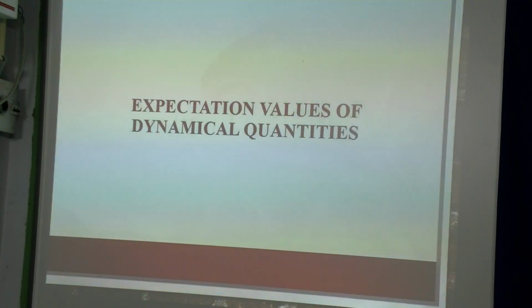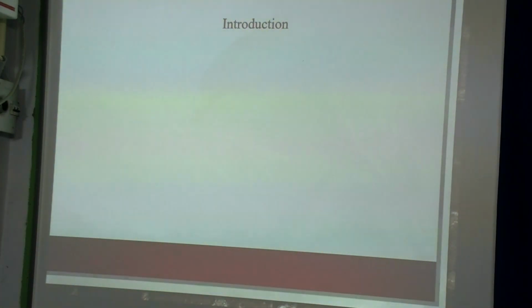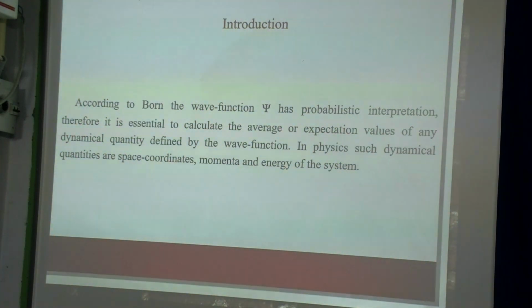Next, here we will concentrate only on the expectation values of dynamical quantities: how we can calculate the expectation values of dynamical quantities, what we mean by expectation value, and then we will also calculate the expectation values for various observables.